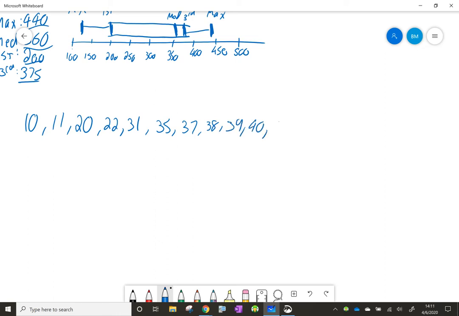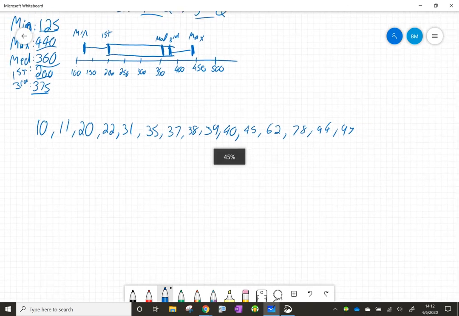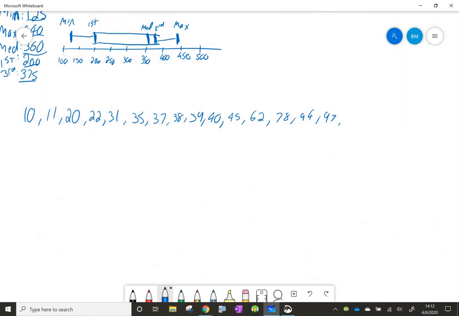And let's say I've got 45, 62, 78, 94, 97, and then 5 more numbers at the end: 100, 103, 105, 107, and 110. I'm just making these numbers up to demonstrate a point.